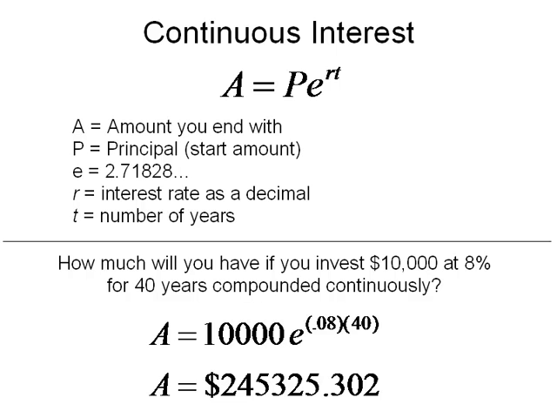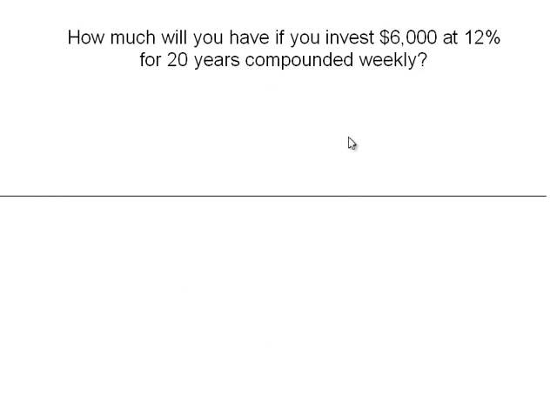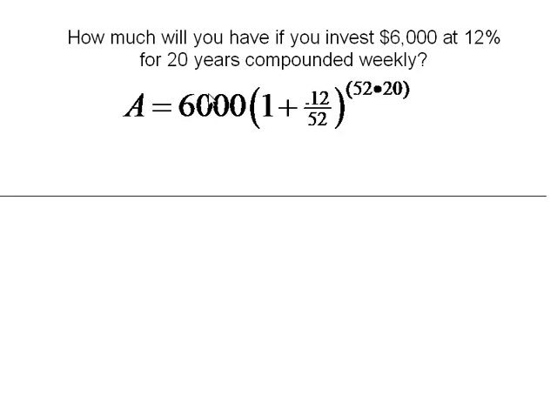Okay, a couple more examples. Suppose you want to find out how much you're going to have if you put in $6,000, 12%, 20 years, compounded every week. Again, if you look back at the formula for compound interest, 6,000 is what you start with. 1 plus 12% is 0.12. Weekly, there are 52 weeks in a year.